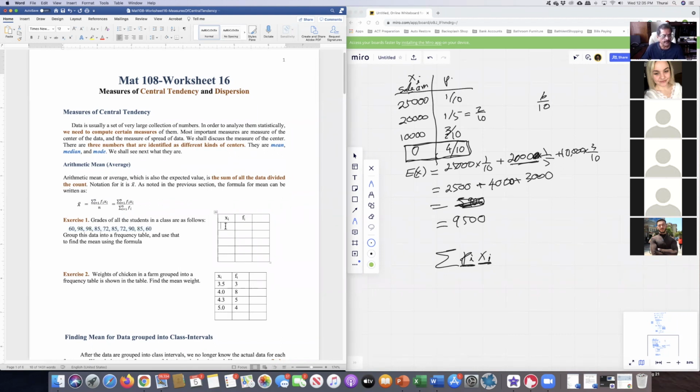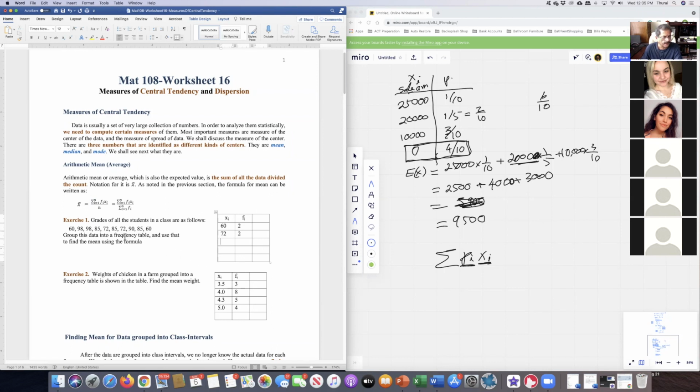All right, so the values are 60. What is the frequency of 60? Anybody? 2. There are two 60s in there. And 72 is the next one. You don't really have to write them in increasing or decreasing order, but if you write them in order, you won't miss anything. For that reason, I prefer to do that. Okay, 72 has a frequency of 2.